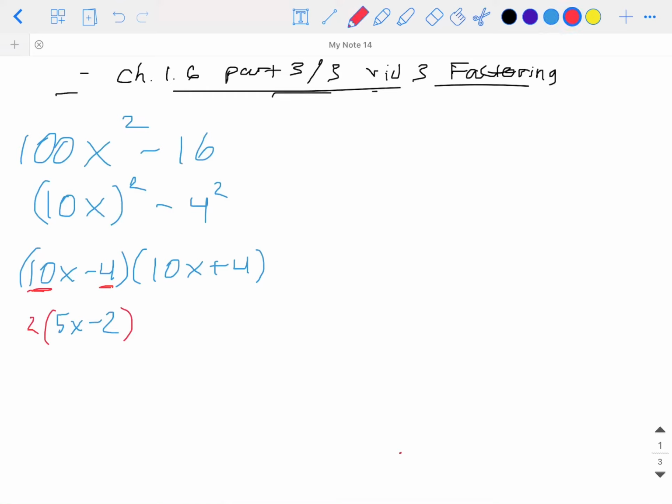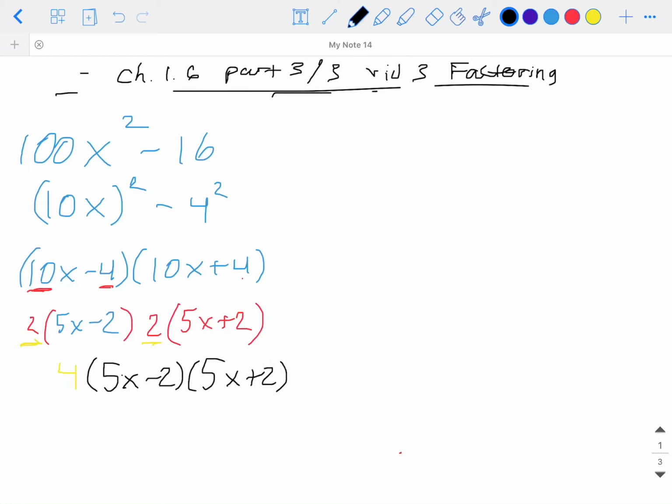I can pull out a 2 and then multiply 2 times 5 to give us 10, and then 2 times 2 to give us 4. And therefore, I have 5x minus 2 and 5x plus 2. That is my final answer.